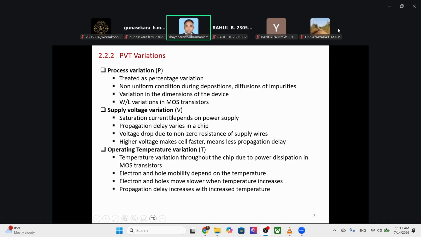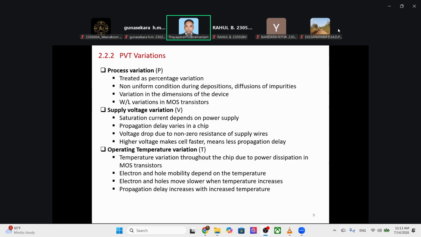Supply voltage variation. Our supply voltage to the device may vary. If it is a handheld device, 3.3 volt to 3 volt, or whatever the power rating is, it may vary with the time of usage, right? Sometimes it may vary because of noise. However, whatever it is, the higher the supply voltage, electrons move faster.